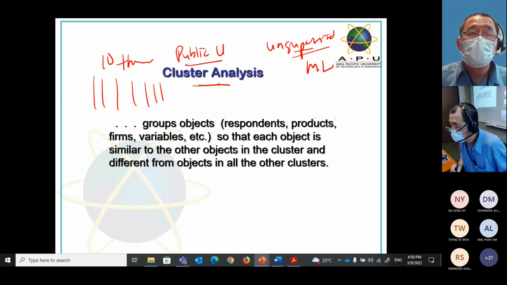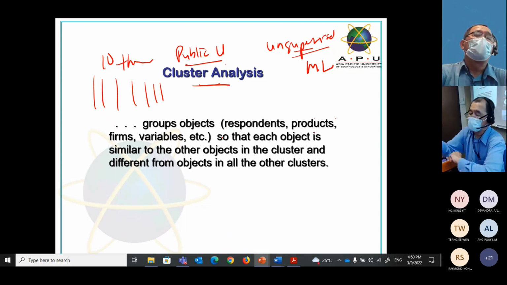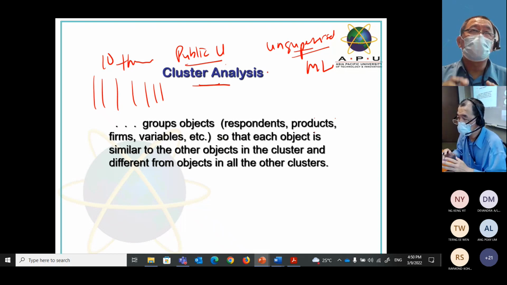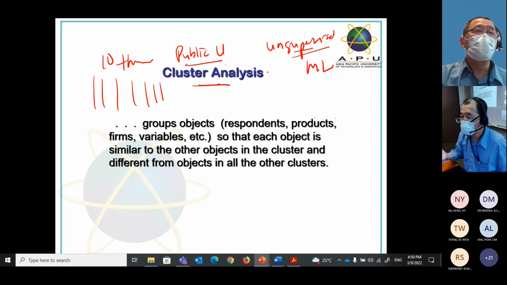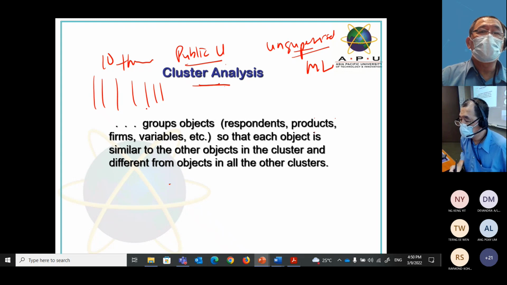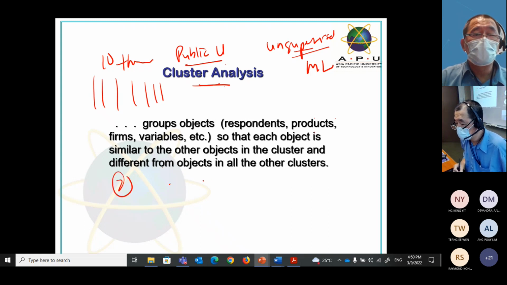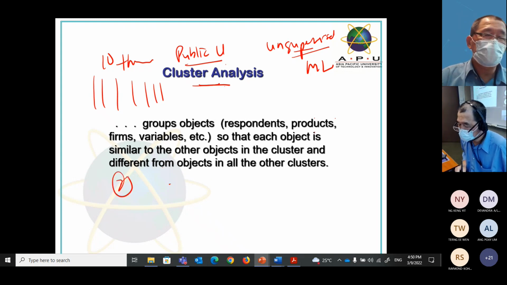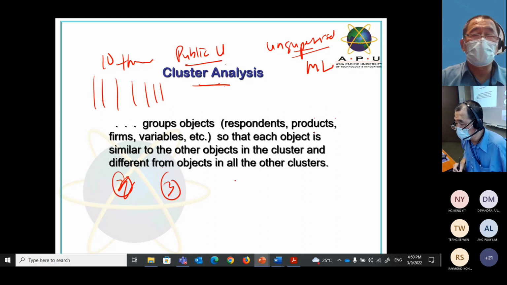But of course, you can find 2 or 3 groups. Let's say 2 groups, you can do the grouping. Let's say 3 groups maybe is better: 1, 2, 3.